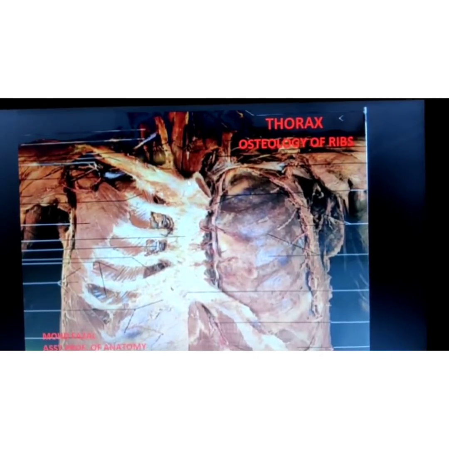Now, what are the functions of the thorax? It is primarily concerned with the protection of the vital organs, the lungs and the heart.